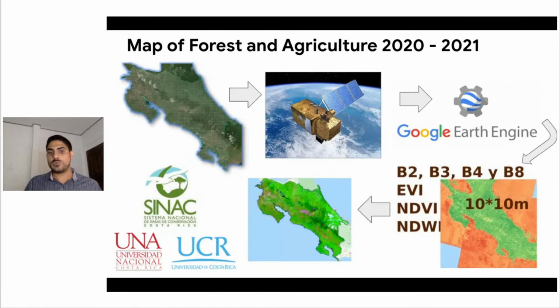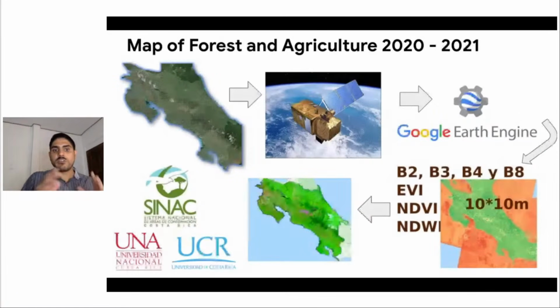B2, B3, B4, and B8 bands were used, as well as the EBI, NDVI, and NDWI indices with a pixel size of 10 by 10 meters, where the random forest classifier was applied to obtain the land use and land cover map according to the classes detailed in the training. This has been done in record time.